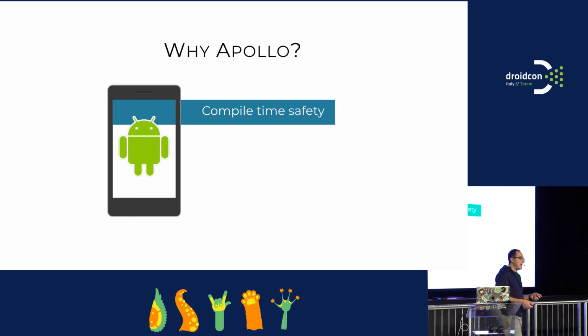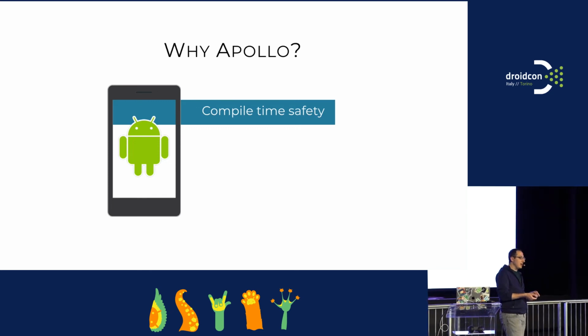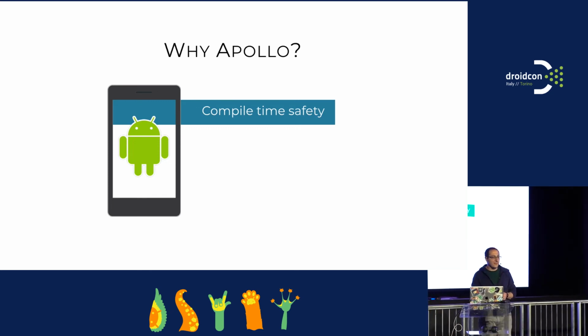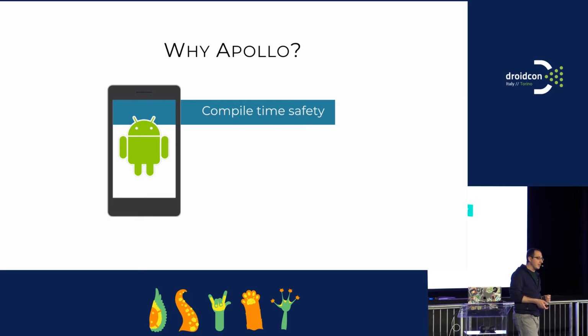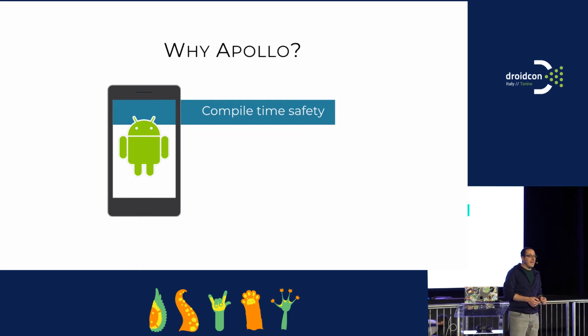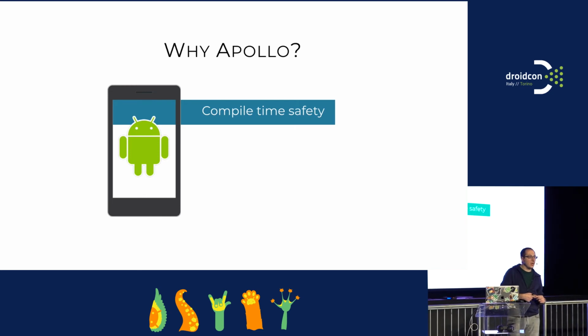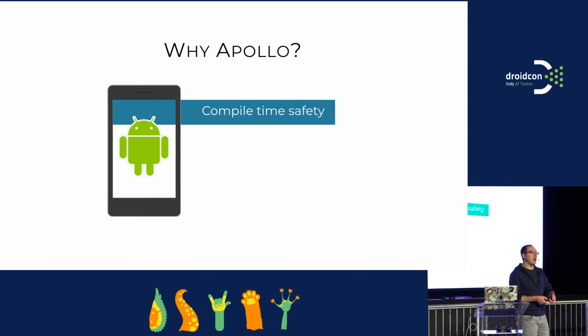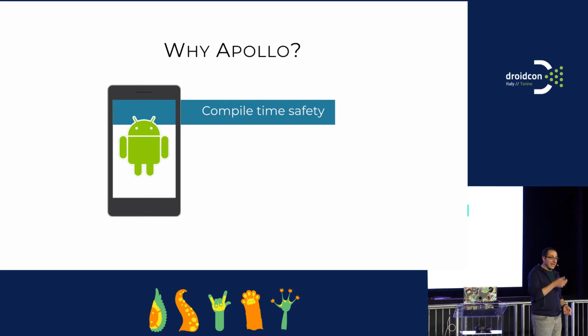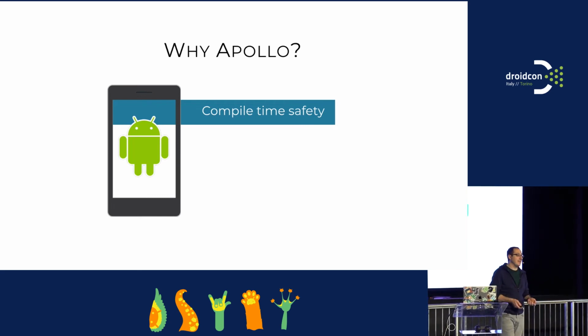And maybe we didn't really copy it well, so when we passed it into Android Studio, we forgot something. As soon as we compile with Apollo, it will tell us, hey, your query is wrong because the schema that you passed me told me that what you input was wrong. It's much better to have that failing at compile time than having it fail at runtime.